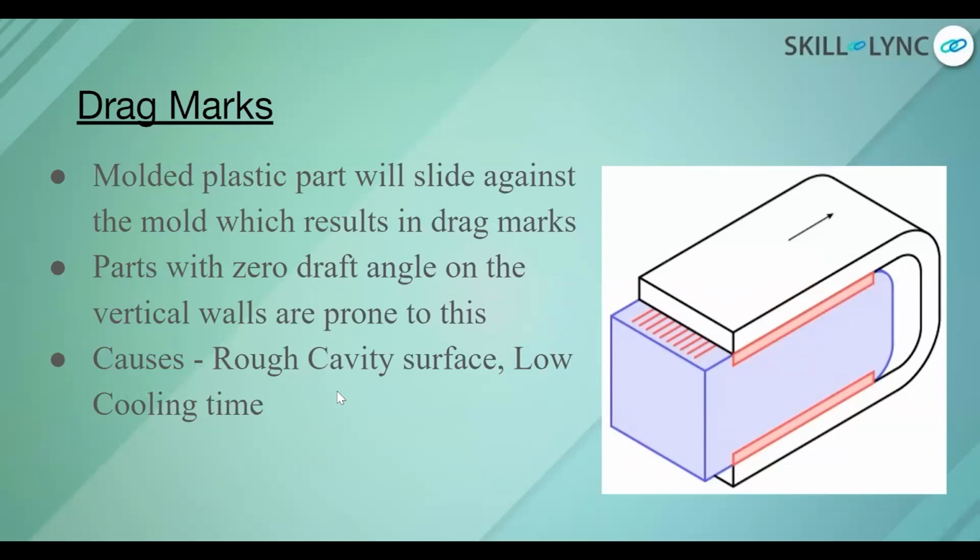This is what we generally can see with respect to your plastic components: drag marks will be on the plastic because of improper draft angle creation. This can be avoided by making sure that the proper draft is set for the mold components.